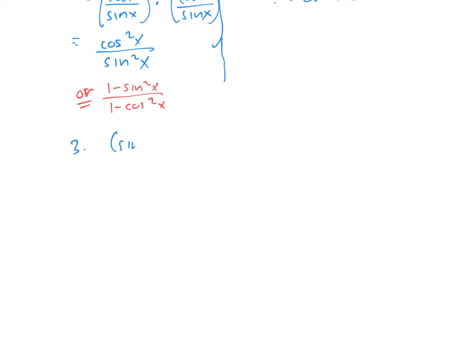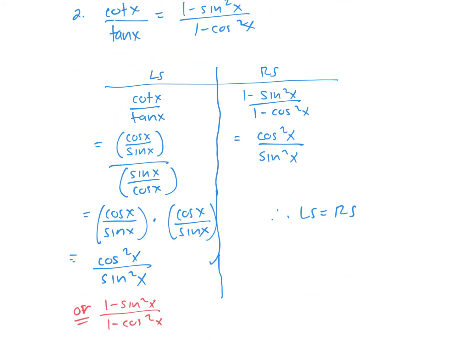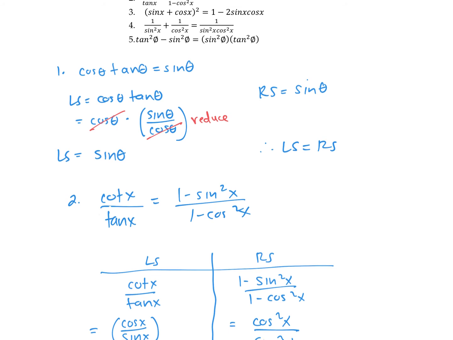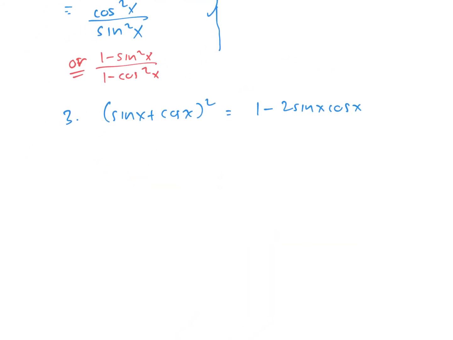So we have sine x plus cos x squared and 1 minus 2 sine x cosine x. Let's double check that is correct. So on the left side, I have sine x plus cosine x squared, and on the right side, I have 1 minus 2 sine x cos x.